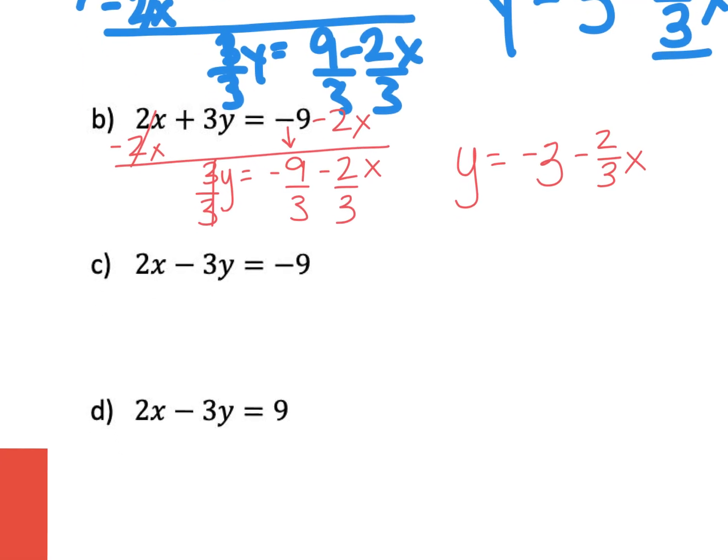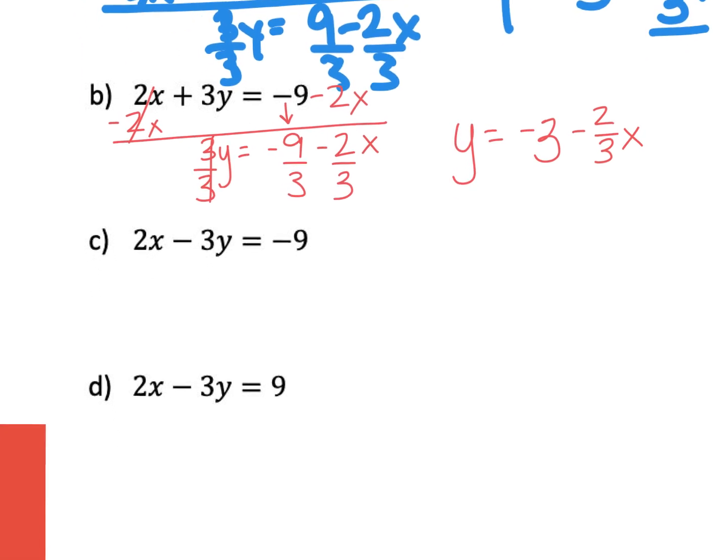Let's double check the others just in case. Again, we have a positive 2x, so we're going to minus it. Now, when you bring this down, this is a negative 3y now, so make sure you bring down that negative, the same with the 9.